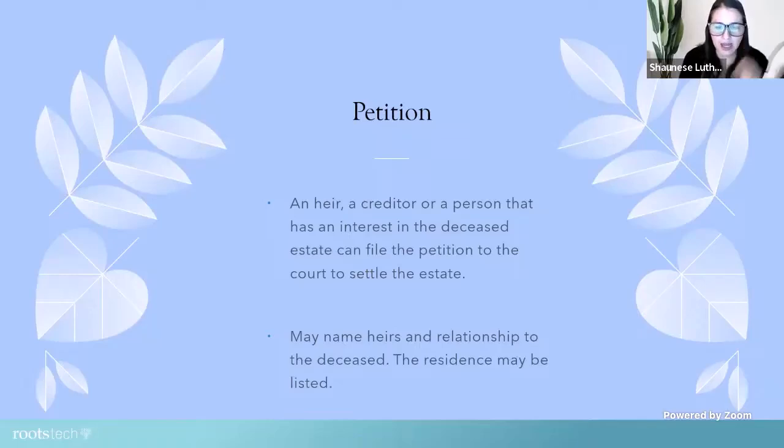And then in the petition, it'll name the heirs, so that helps distinguish the relationship and how they're related to the deceased, which will continue to build your family, your foundation, your friends, associates, and neighbors. And then we'll also have the residents listed, which is also really good to have.